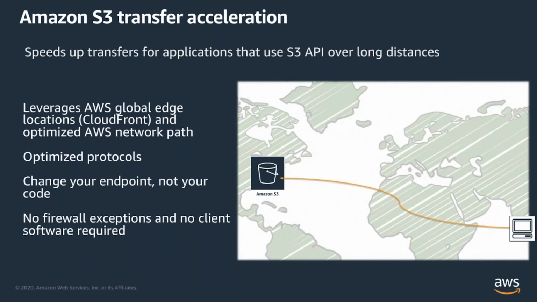It takes advantage of Amazon CloudFront edge locations, which are globally distributed. If you remember the global infrastructure deck, we have 220 plus edge locations spread across the globe. So S3 Transfer Acceleration uses these edge locations, and the data is routed to Amazon S3 over an optimized network path.